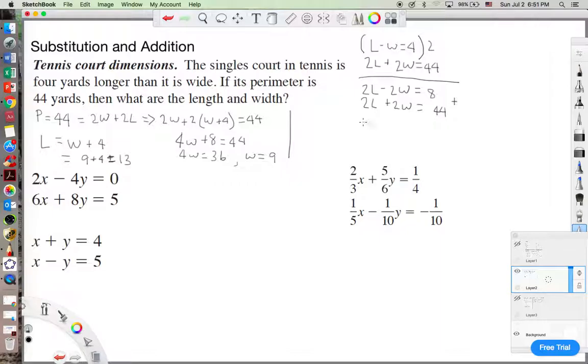We're going to add these two together, just like vertical addition. 2L and 2L is 4L. Negative 2W and 2W, those just cancel out. 8 plus 44 is equal to 52. Divide both sides by 4, we get L is equal to 13, just as we did over here, and then we can plug this back into the original equation. 13 minus W equals 4.